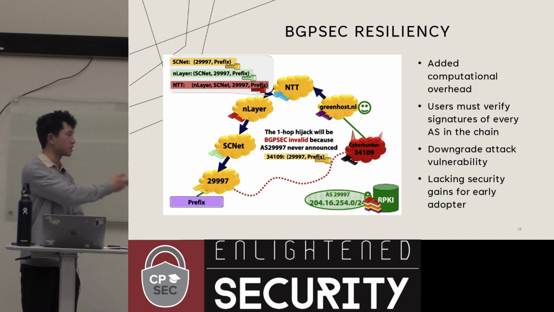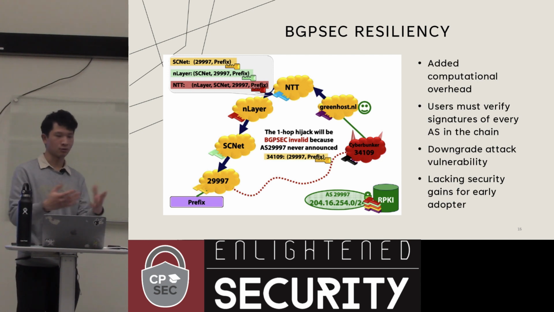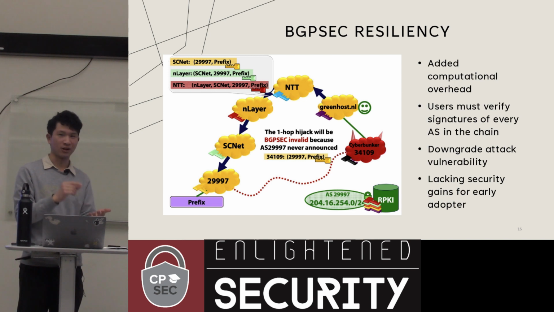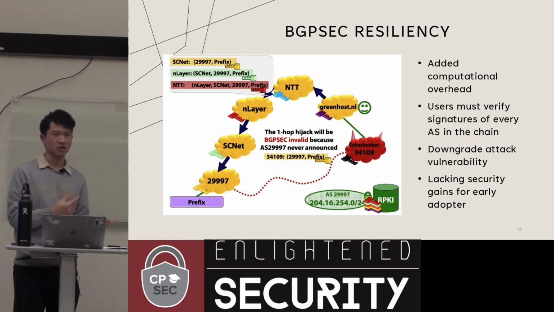One of them is computational overhead. This is all being done by the routing infrastructure that you have. If you get an announcement from someone and you have to go through every single link in that path to verify that information, that's just a lot of work. You don't hear about BGP-related vulnerability attacks in the news that often.